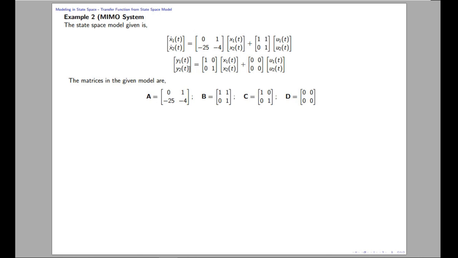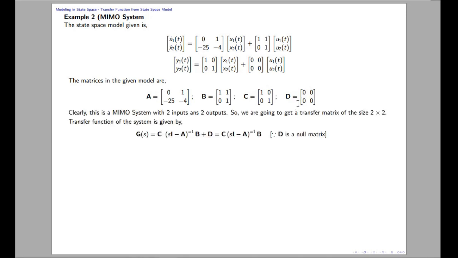Let us see how to find the transfer function, or the transfer matrix. Again, we'll segregate the matrices A, B, C, and D. This is the A matrix, this is the B matrix, this is the C matrix, and this is my D matrix. Here also the D matrix is a null matrix.